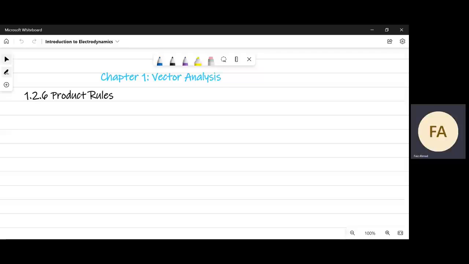We are doing product rules. We know for the ordinary derivatives, we have the sum rule for the derivative.